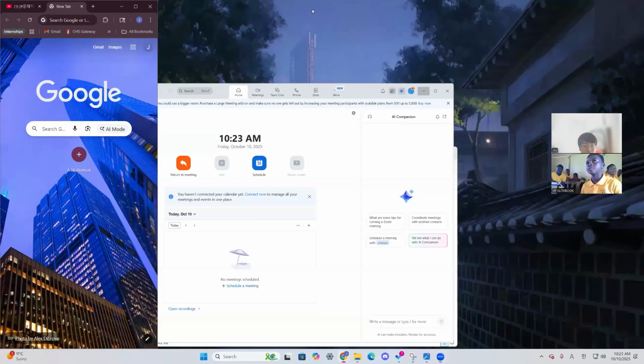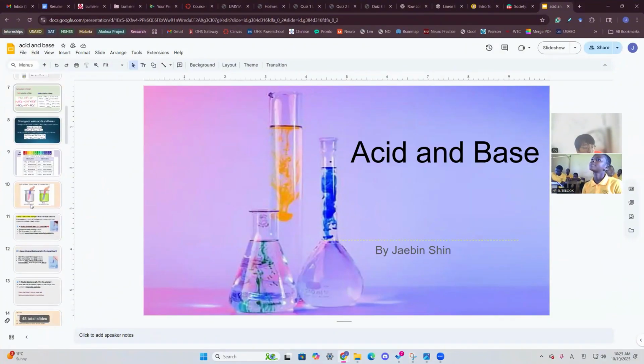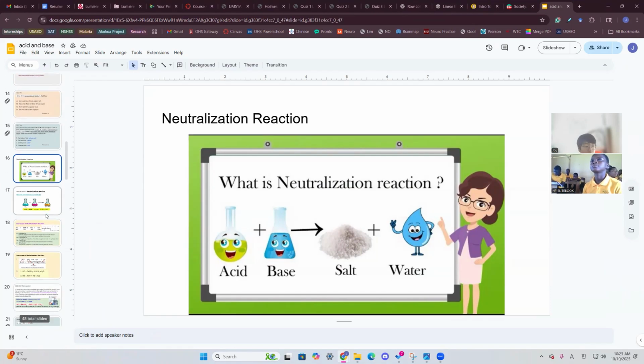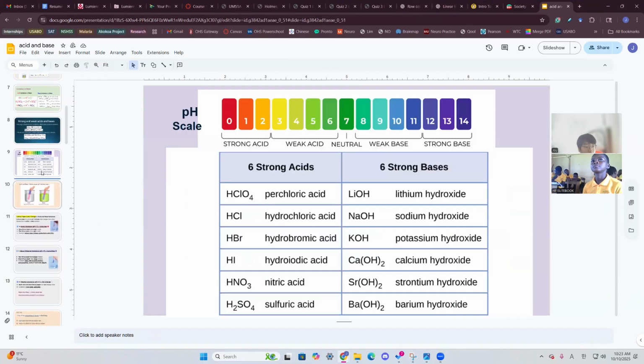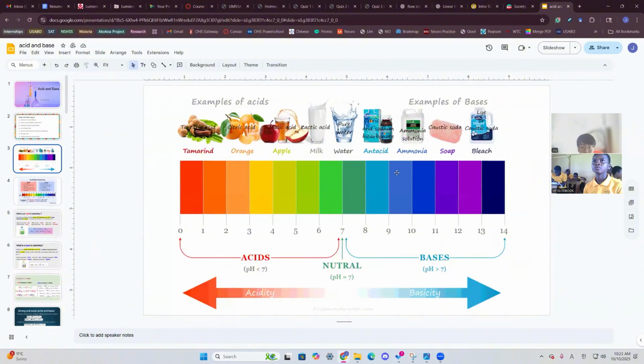Devin, please. When you say something is neutral, what does it mean? Oh, what does it mean when I say neutral? Let me go back to that slide. Are you talking about the neutralization reaction? Or neutral here.